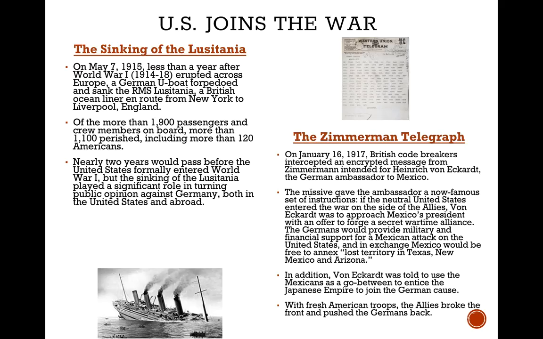When the U.S. tries to continue that trading relationship, they're being struck at by German U-boats, by the submarine warfare. But that's still not enough to get the U.S. involved. On May 7th, 1915, less than a year after World War I erupted across Europe, a German U-boat torpedoed and sank the RMS Lusitania, a British ocean liner en route from New York to Liverpool, England.